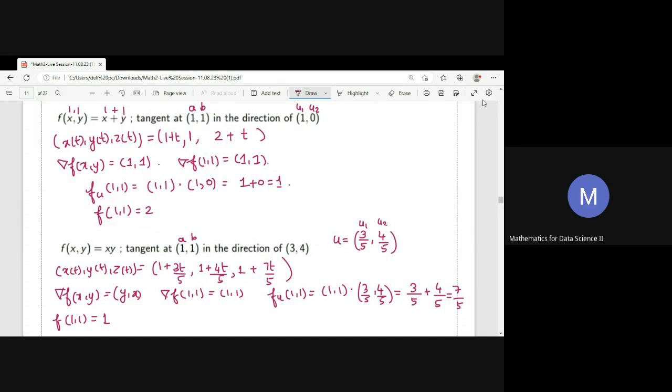See, that is what I told you in the very beginning of multivariable calculus. For a function of two variables, f of x comma y, the coordinates in 3D are your x, your y, and f of x comma y. These are the coordinates in the graph of the function. So this is the function and this is the graph of the function.